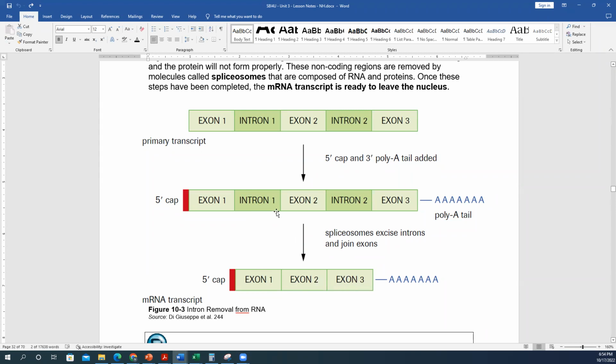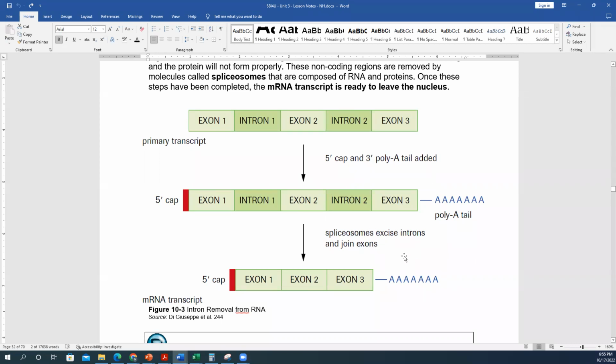If these intron regions were not removed, it would change the normal order of the amino acids in the message. So instead of it reading this way, it has all these extra parts stuck in between. So these non-coding regions are removed by molecules called spliceosomes, whose job is to excise or remove these introns and join the exons.